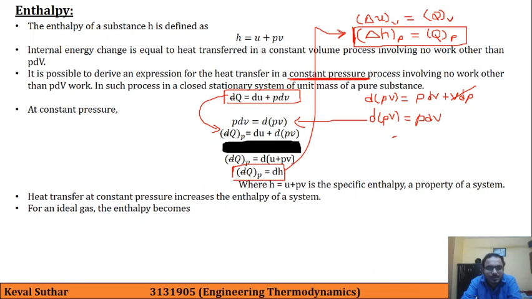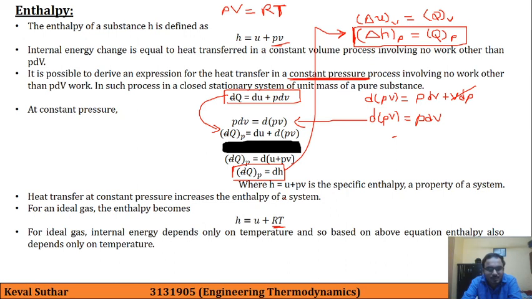For an ideal gas, the enthalpy becomes H is equal to U plus RT. Now from where is this arrived? Because for an ideal gas, as you know, PV is equal to RT. So we have simply replaced PV with RT in this equation. For an ideal gas, the internal energy only depends on the temperature.